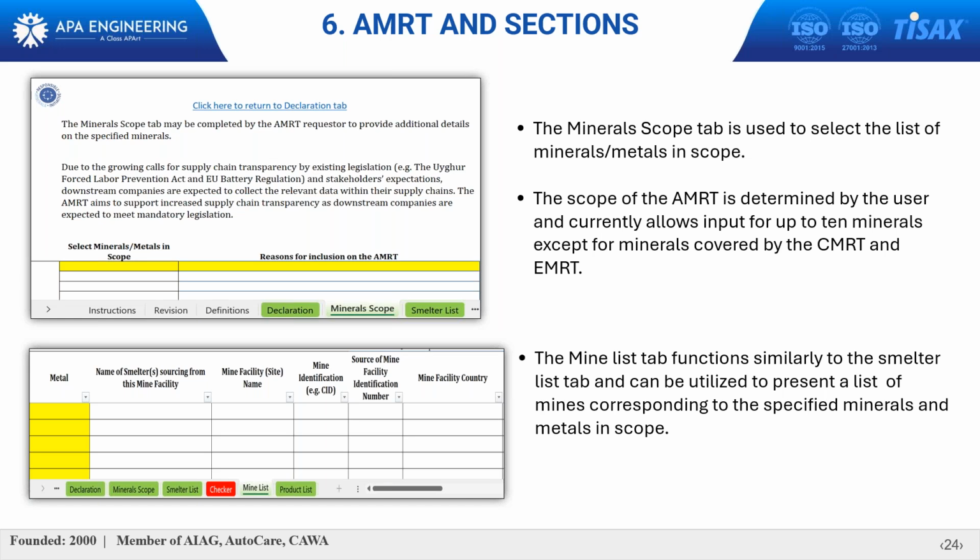This update is primarily aimed at supporting companies' reporting requirements under the European Union battery regulation. The next version of the CMRT is anticipated to be released in the spring of 2025, and the next version of AMRT is anticipated to be released in the fall of 2025.